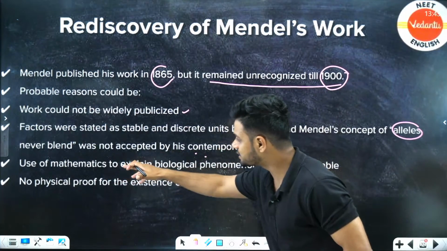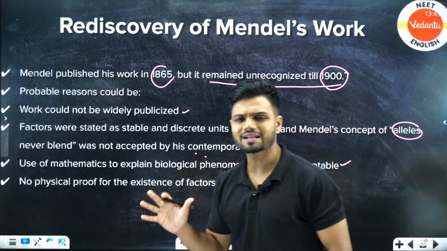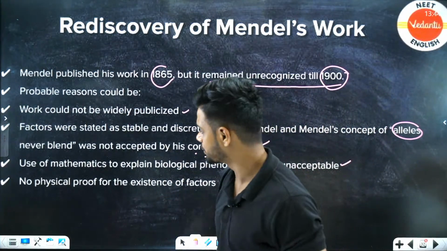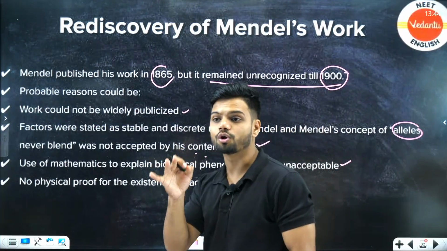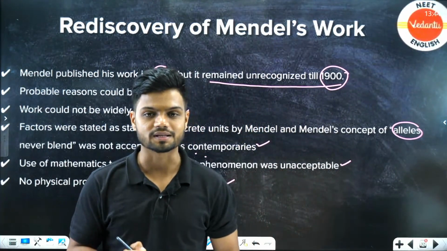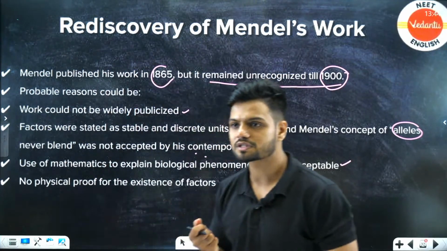Use of mathematics to explain biological phenomena was not acceptable. They were like, no, maths not allowed here. There was no physical proof of the existence of factors, because technology was very behind and we were not able to look at them.